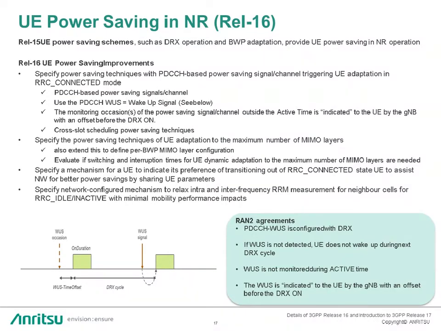Also, there has been relaxation of the RRM measurement, so that if the UE is not mobile or not moving, the network is smart enough to configure the UE not to do those measurements, so that power can be saved.